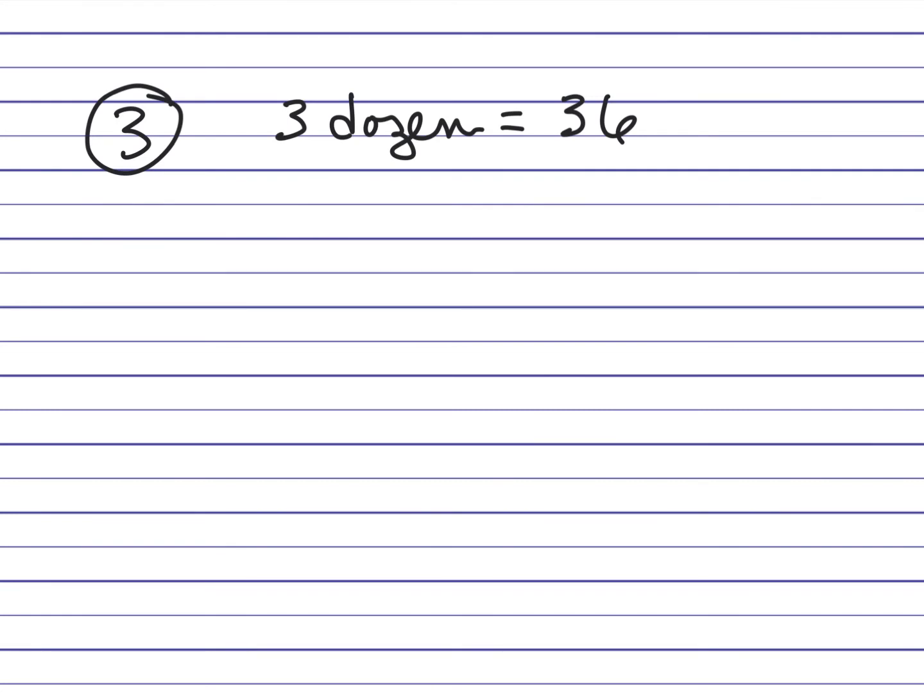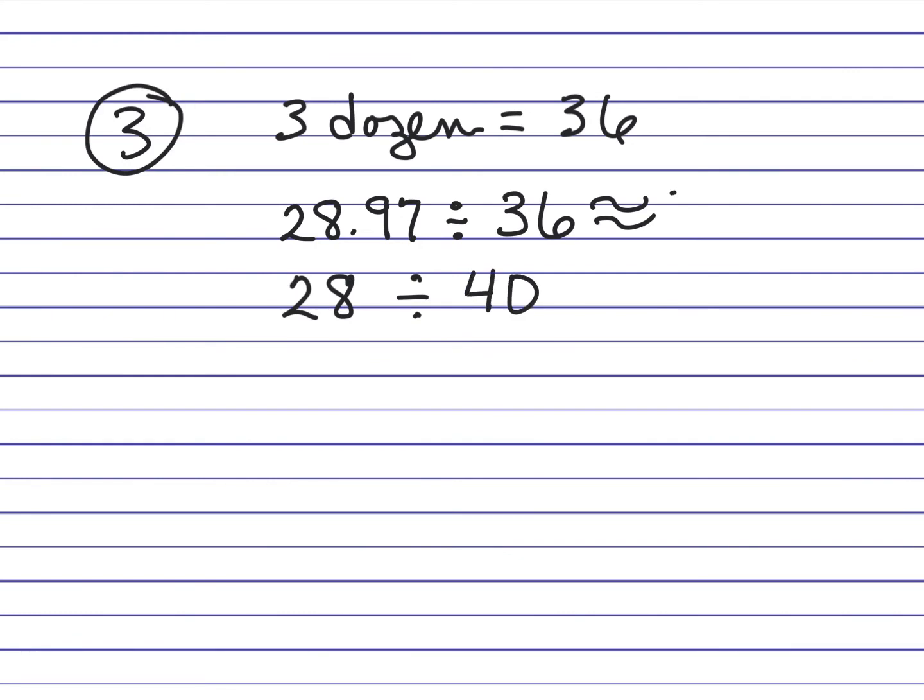And then the bag of 36 toys costs $28.97. So we would need to divide that amount by 36. But remember, we're estimating. Okay, I'm thinking to myself, I could round this to 28 divided by 40 to estimate.